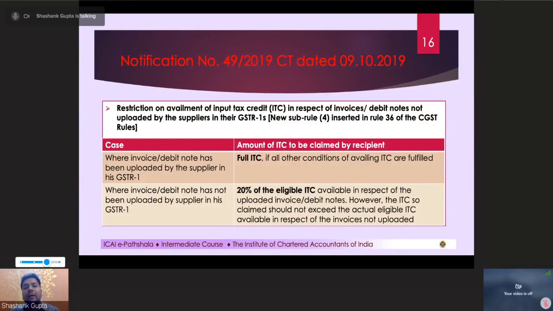But now the government has placed a restriction that if 100 rupees is appearing in 2A, then the maximum amount of input tax credit that you can avail is 120 rupees. And this was a recent introduction, by notification number 49/2019, dated 9th of October 2019.